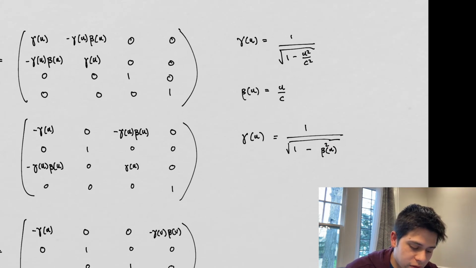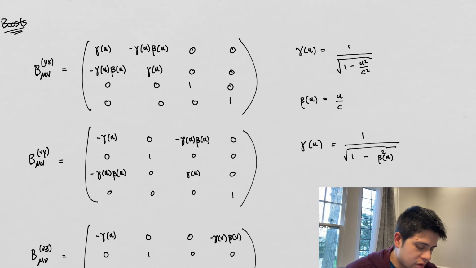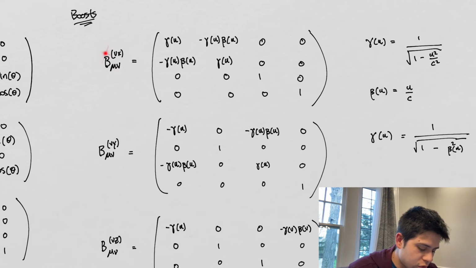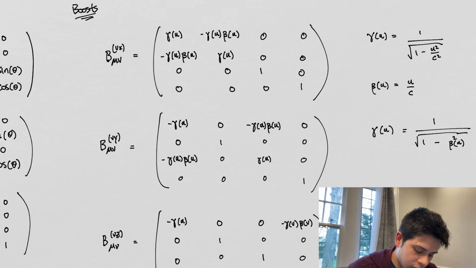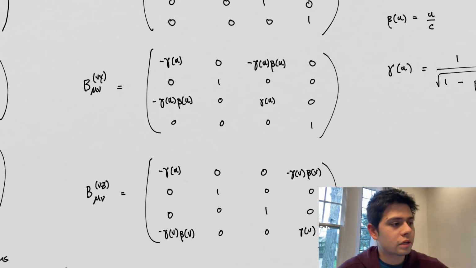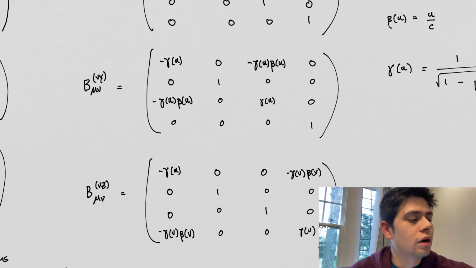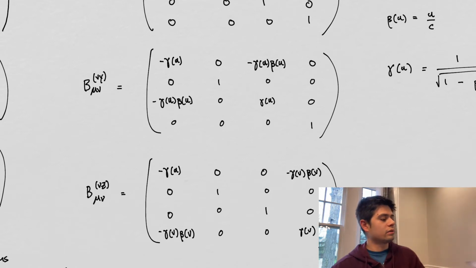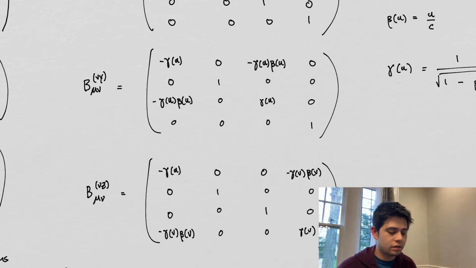The beta is merely just this squared, which is right here, right? So that's what these guys are in these entries. So we can boost in the x direction, we can boost in the y direction, and we can boost in the z direction.